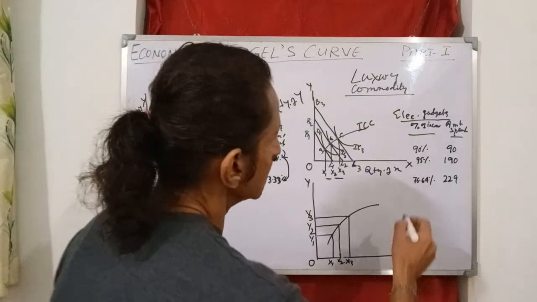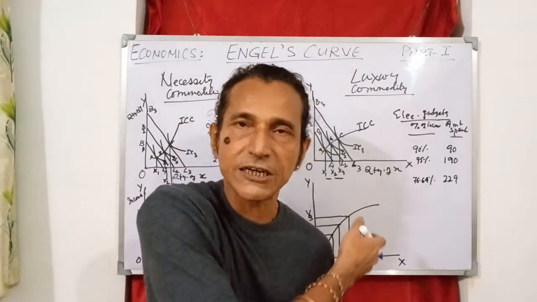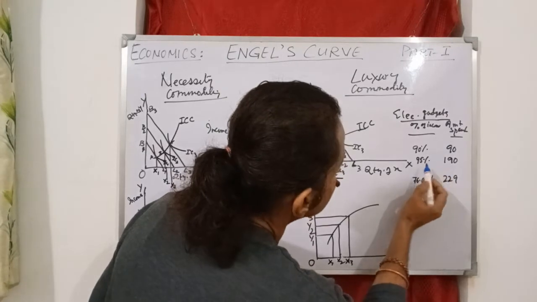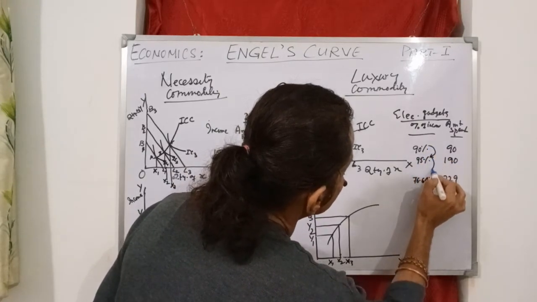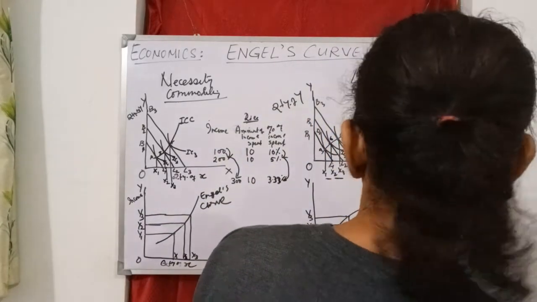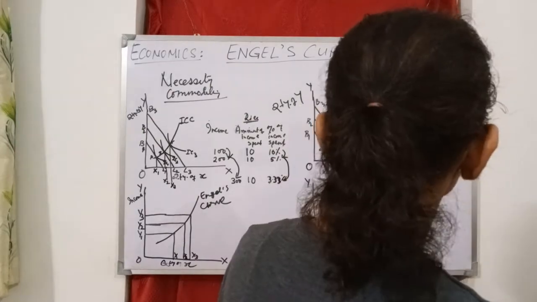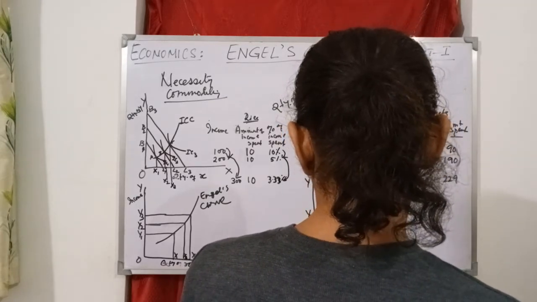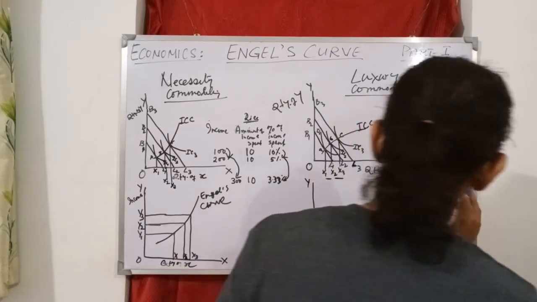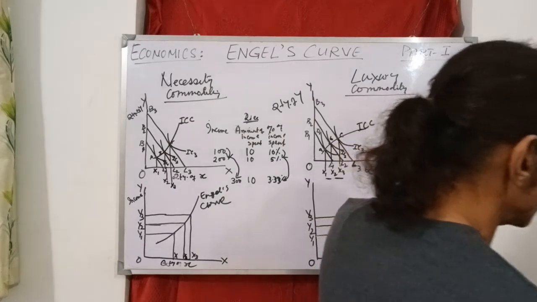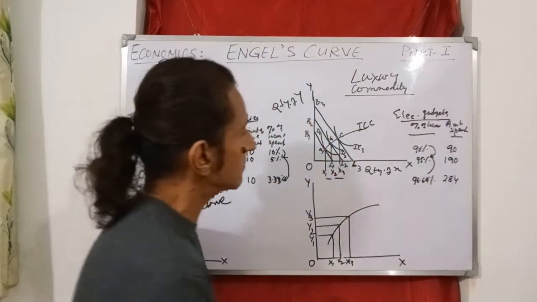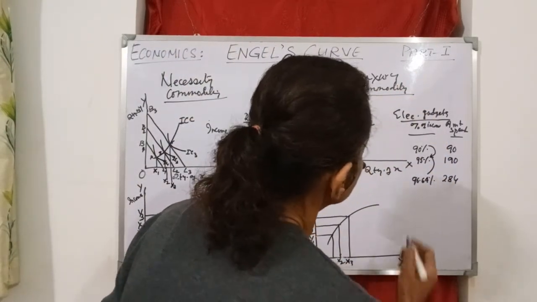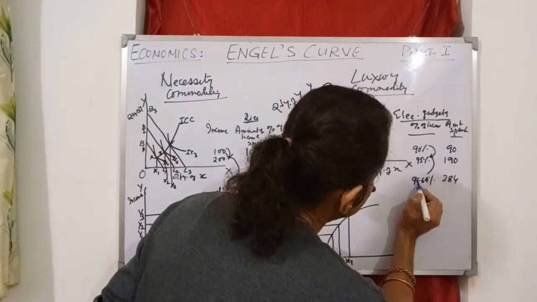At the same time, the percentage of income spent on this luxury commodity, electronic gadget, is increasing from 90% to 95% to 96.64%.